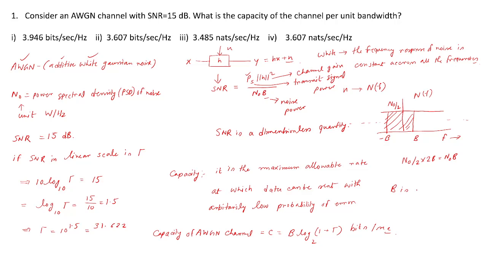Let me write down for clarity that B is the channel bandwidth. By the way, you may see some units to be nats, so no need to worry. It's actually when you take the base of the logarithm as e, the natural log ln of 1 plus gamma, this becomes nats per second. The concept remains the same, just the unit changes.